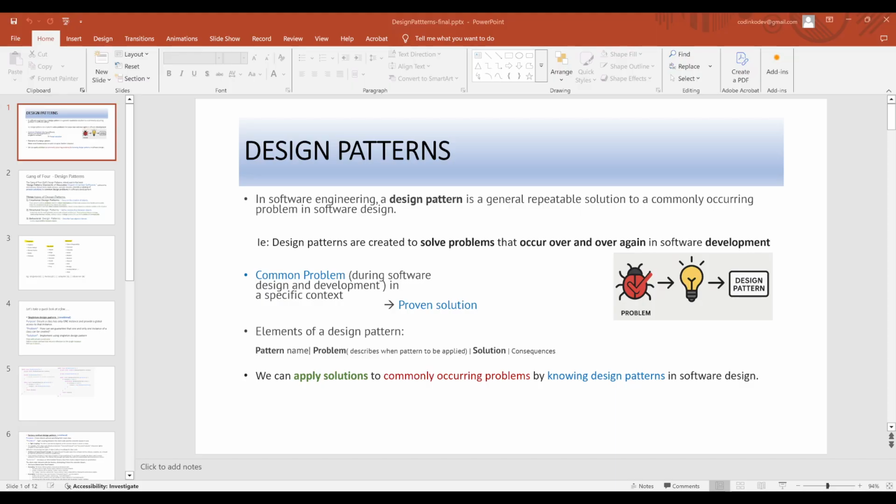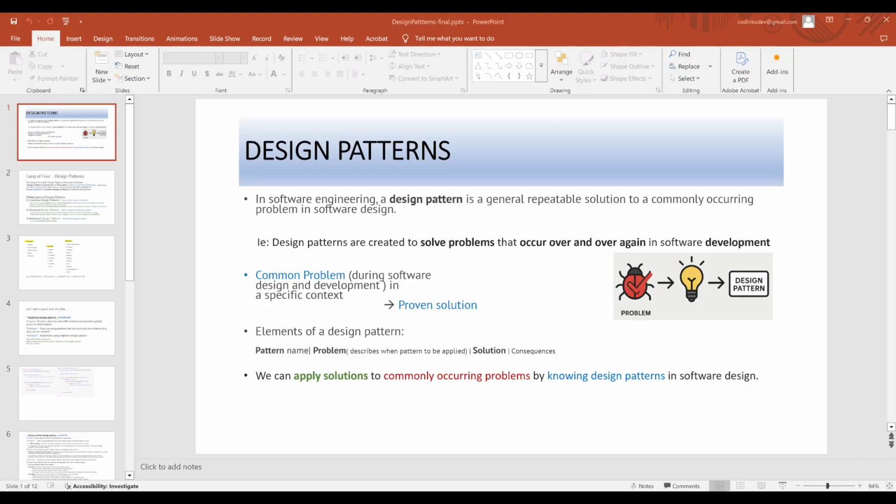Think of design patterns as tried and tested solutions to common problems in software design. Emphasize these things: there are some common problems involved in designing a particular software, and these common problems are mitigated or resolved using tested, repeatable solutions.